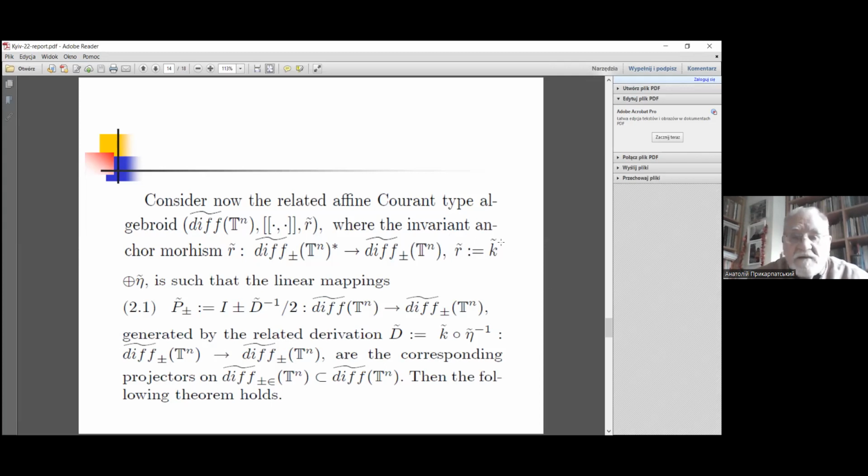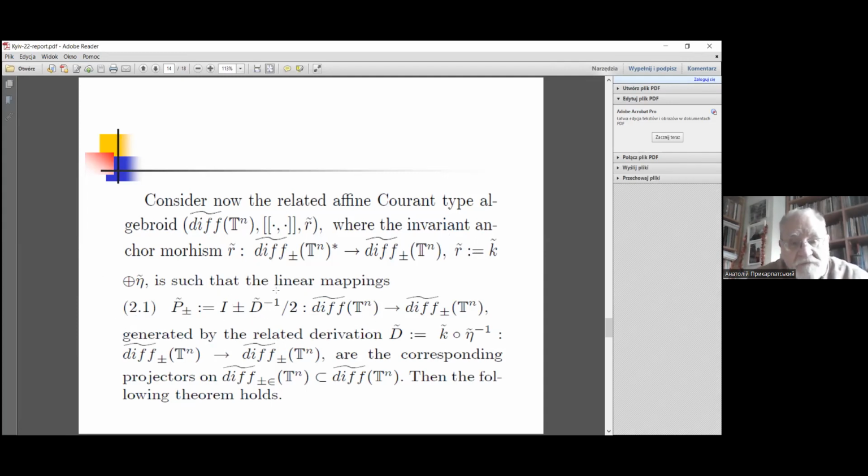So we have the direct splitting of our anchor into two parts, symmetric and antisymmetric, and we can construct the following object: P plus minus equals 1 plus minus D minus, where D was defined before.